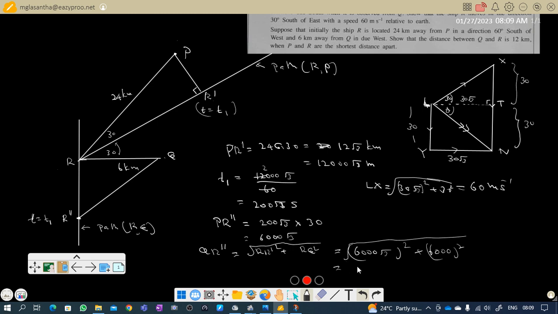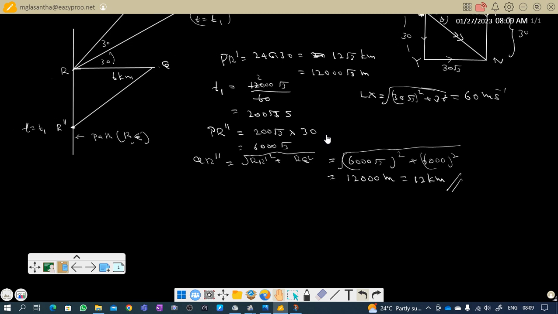So this equals 12,000 meters, that means 12 kilometers. The distance between Q and R is 12 kilometers.